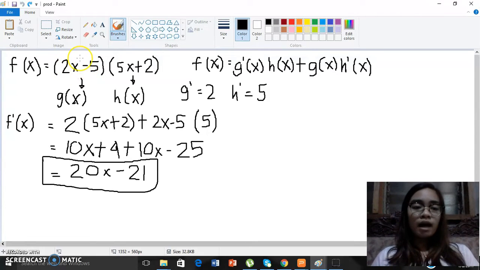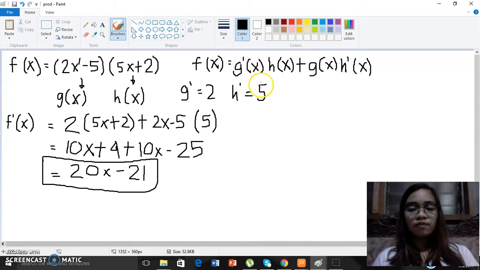What I did is I put an imaginary 1 as the exponent of x, and then I multiplied the 1 to 2. So 1 times 2 is equal to 2. And since the 5 has a quantity of 0, g prime is equal to 2.